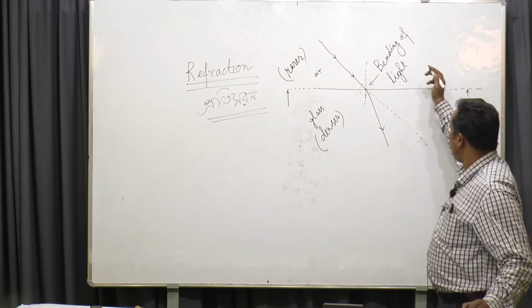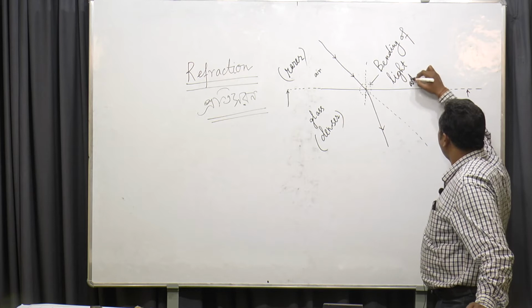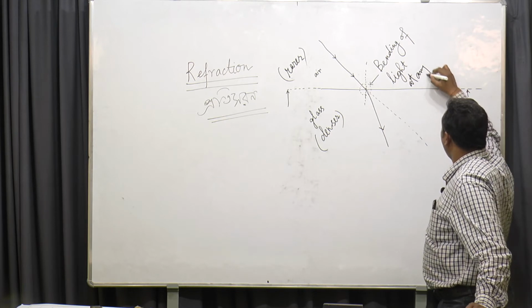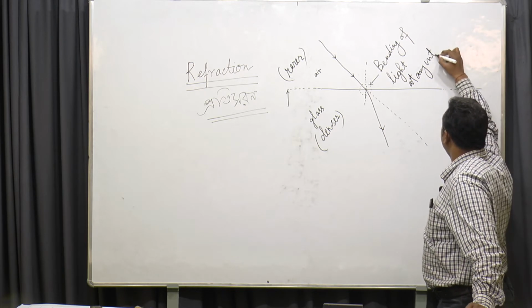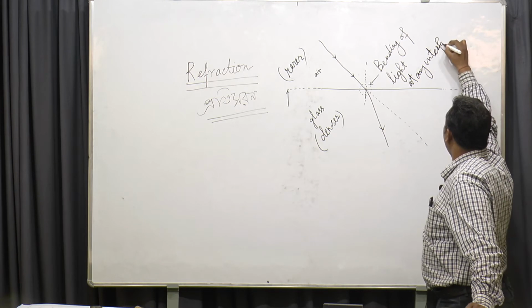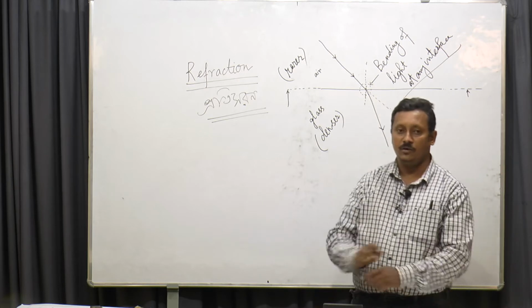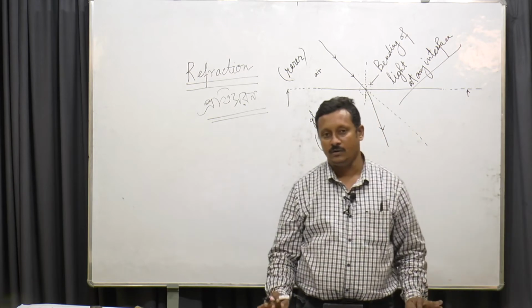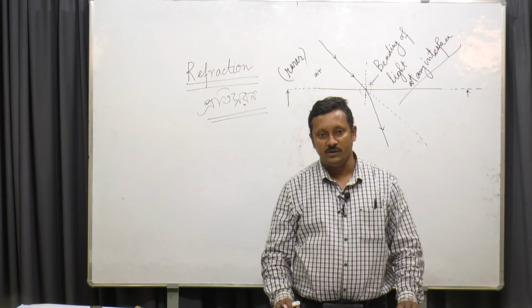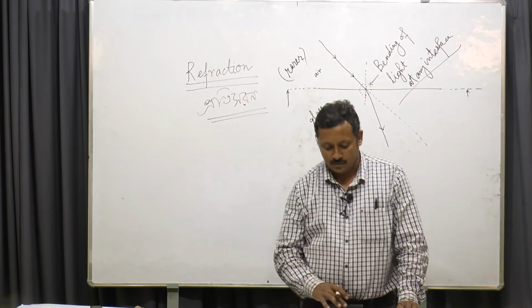So bending of light at any interface, that is boundary, that is called refraction. If there is no medium change, there will be no refraction. If there is a medium change, only then there will be a refraction.